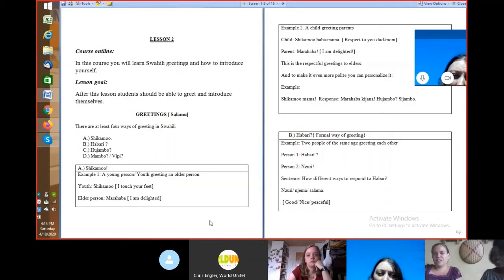Shikamo can also be used, for example, in the classroom, when students are greeting the teacher, they can say shikamo mwalimu, which means shikamo teacher. And the teacher will reply marahaba.